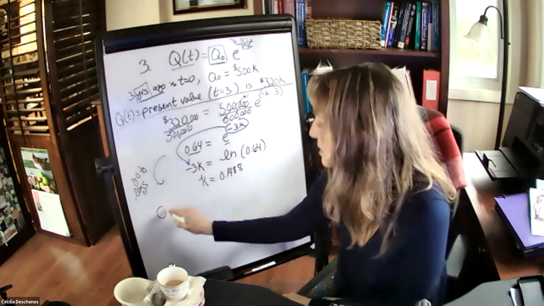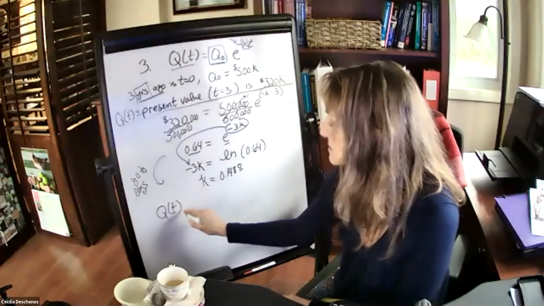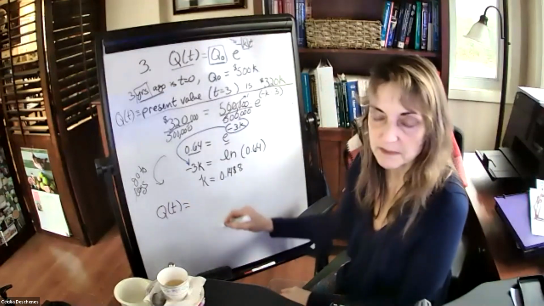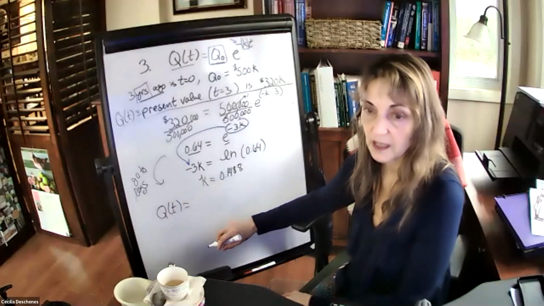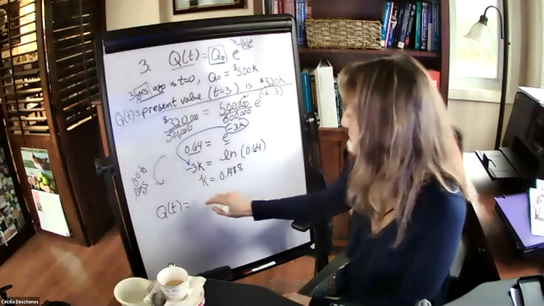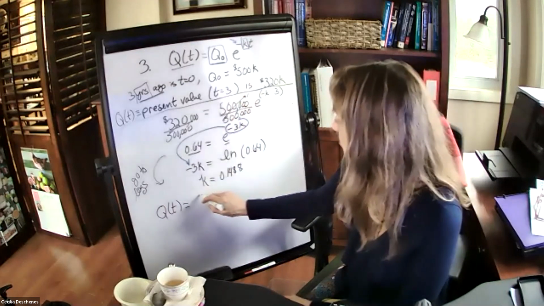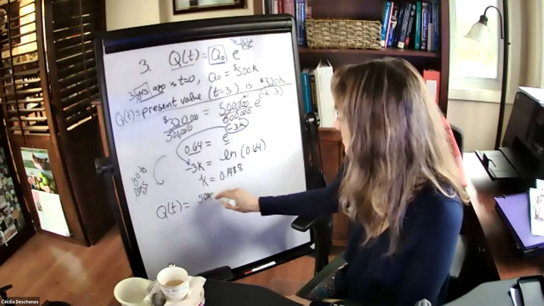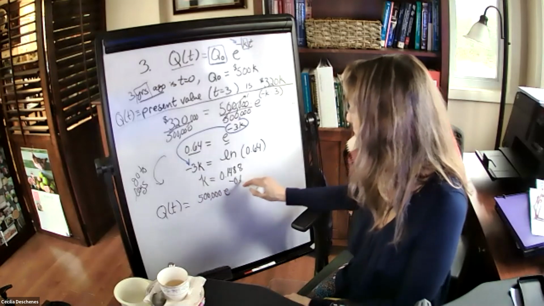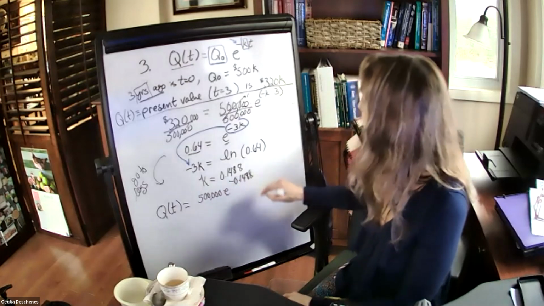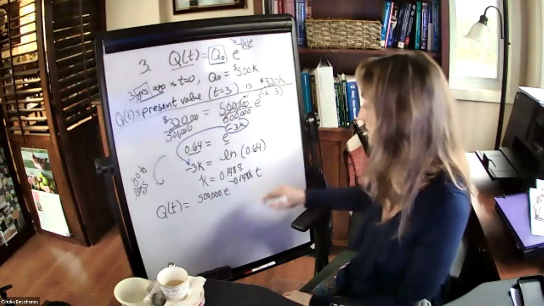Okay, so now that we know this, we have what we need to solve for any time t. So at time t, where t starts 3 years ago, Q is going to be this initial amount, 500,000, times e raised to the negative 0.1488 times t.